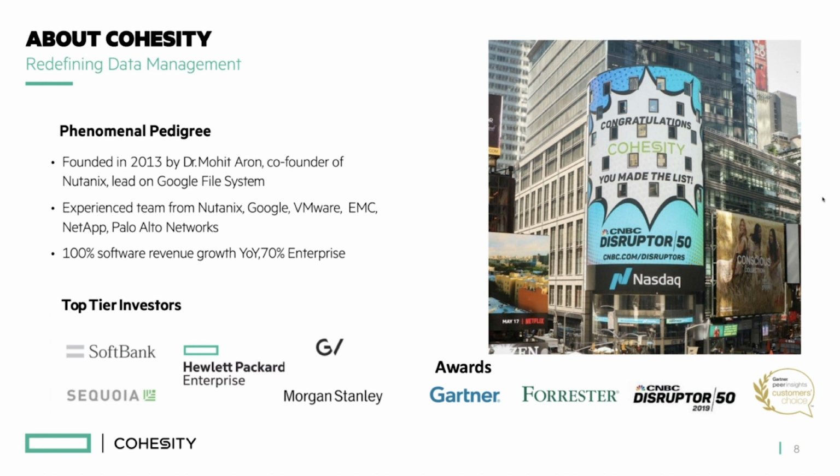I would like to add that we are a 100% software company, and we have had 100% software revenue growth over the past 1 to 2 years, with 70% of our customers being large enterprises. We've had top-tier investors in the form of SoftBank, Sequoia, Google Ventures, Morgan Stanley, etc. And HPE is one of our early investors, as well as technology partners who we jointly go to market with.